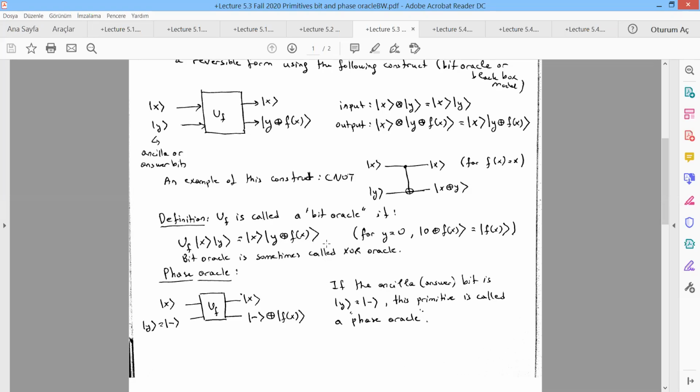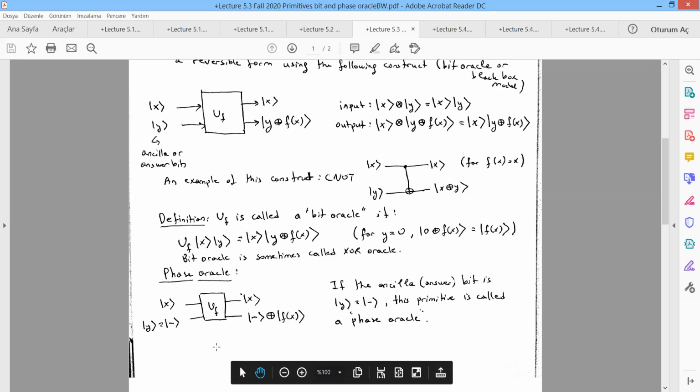This kind of unitary transform is called formally a bit oracle. Sometimes it's called an XOR oracle because this modulo 2 sum is the same as an XOR operation. And you also notice that for y equals 0, 0 plus f of x is f of x. If we set the ancilla bit to 0, we can obtain f of x in the output.